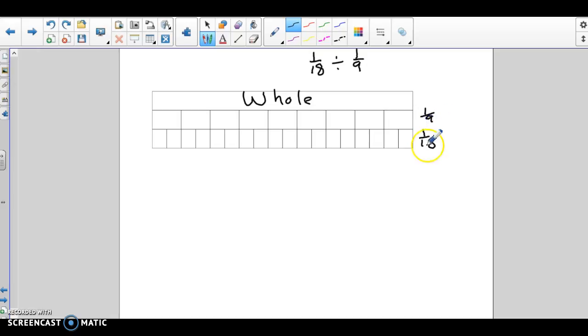1/9. So 1/18, we're only using this part. So what I'm going to do is cross off all of these. We're not using them. We're only looking at this part. And we're going to divide it by 1/9. This one. So we have 1, 2, 3, 4, 5, 6, 7, 8, 9. The question is, how many ninths are in 1/18?